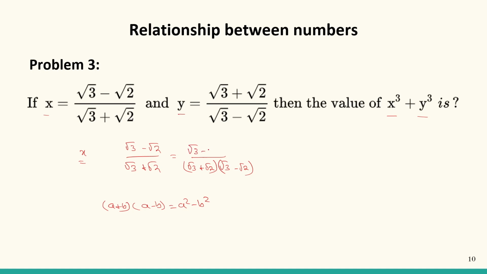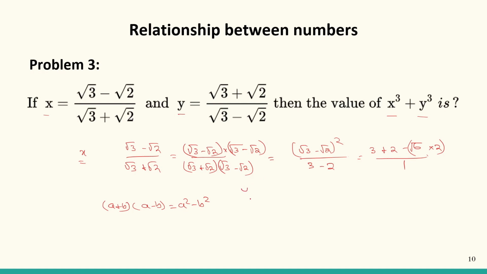So √3 minus √2 into √3 minus √2. What we are left with is √3 minus √2's whole square, and in the denominator 3 minus 2, as √3's whole square is equal to 3 and √2's whole square is equal to 2. So this is nothing but 3 plus 2 minus 2 √6, whole by 1.